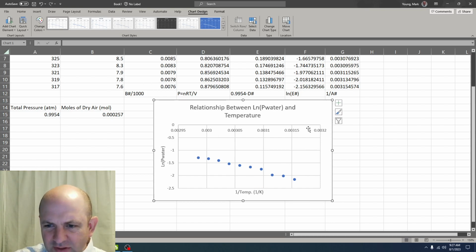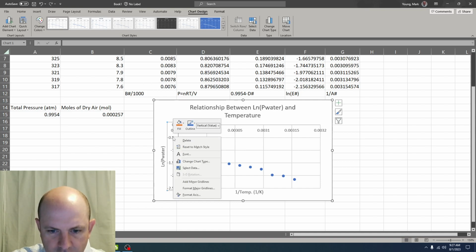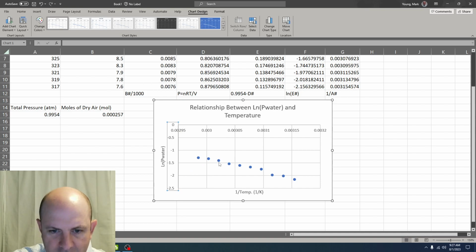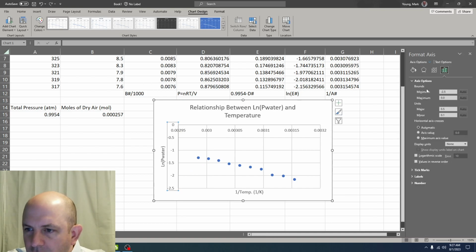If we say, hey, I don't like these numbers here, I want them down at the bottom, we say, okay, the bottom is negative 2.5. So we go ahead and right-click and format the axis. And we tell it, where does the X hit? Maybe labels, tick marks.